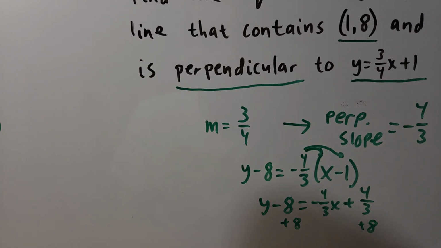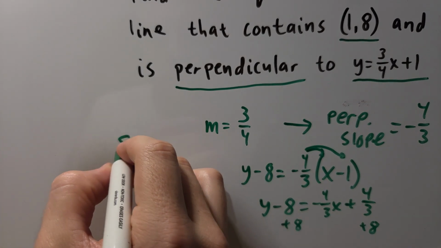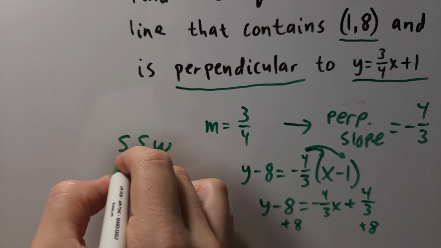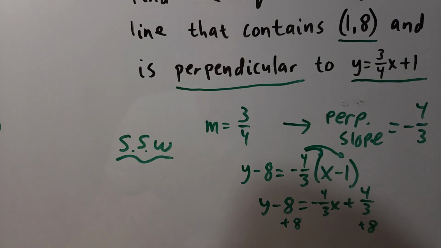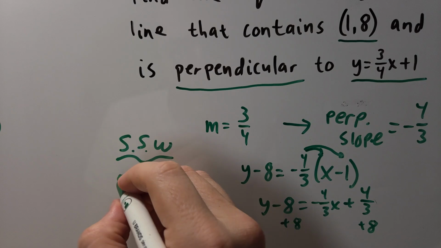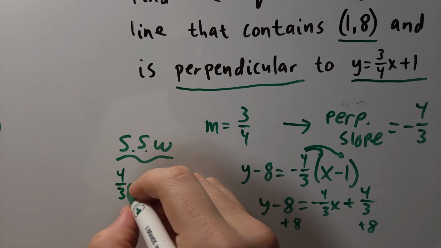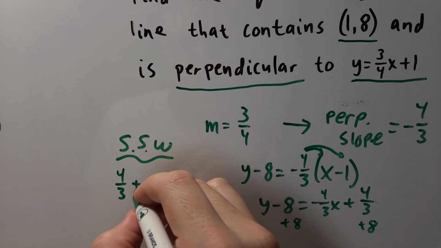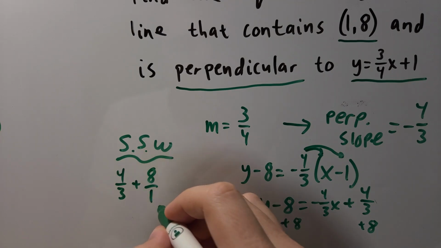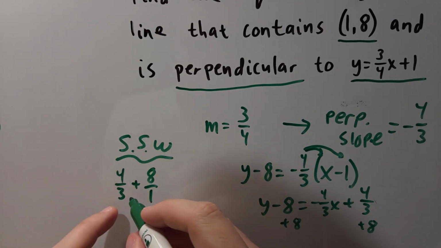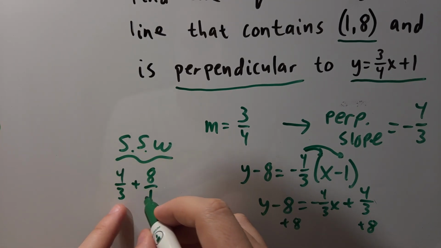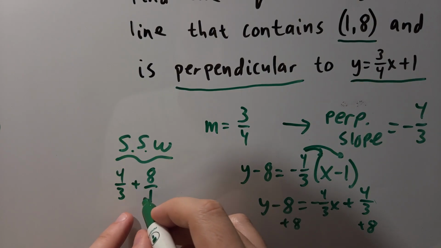secret scratch work. We're adding a fraction and a whole number together. Remember, 8 can also be written as 8 over 1. Here's what we're trying to execute. 4 over 3 plus 8 over 1. Here's a trick. You want the same denominator when you're adding fractions with unlike denominators.